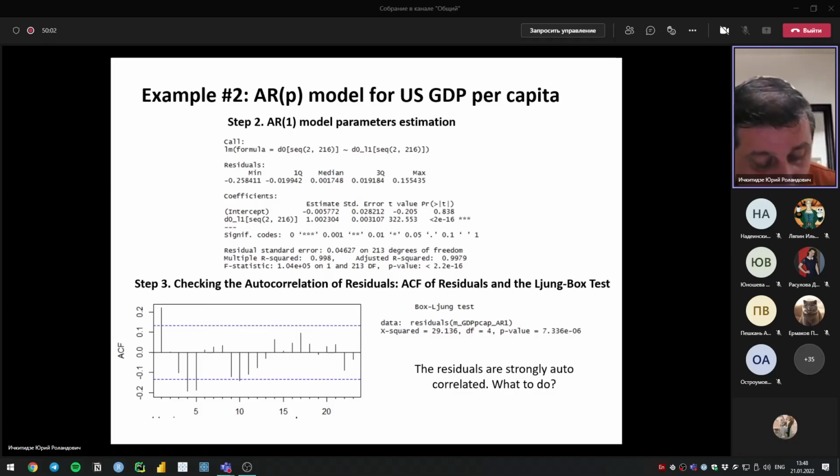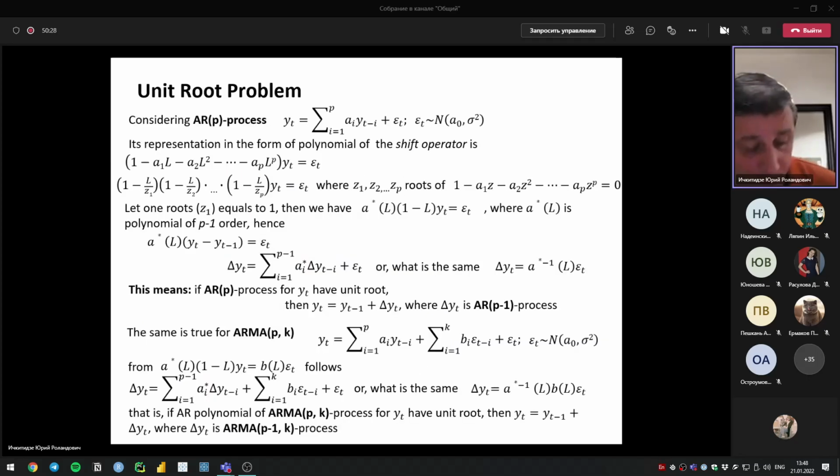And the fact that a unit root has turned up here is evidenced by this coefficient close to 1. It can be 0.999, maybe a little higher than 1. That is, a coefficient close to 1 in the regressor with a lag of 1. Let's look at this unit root problem theoretically.